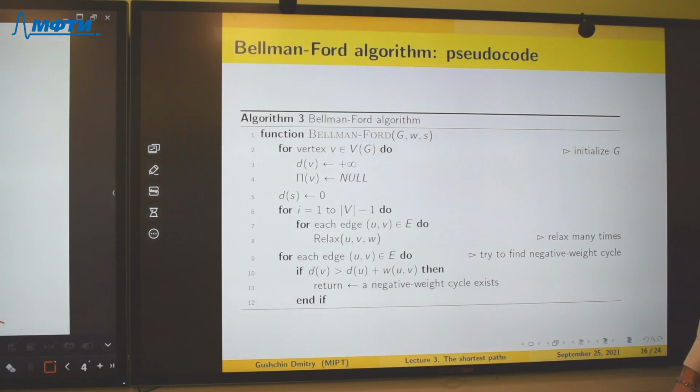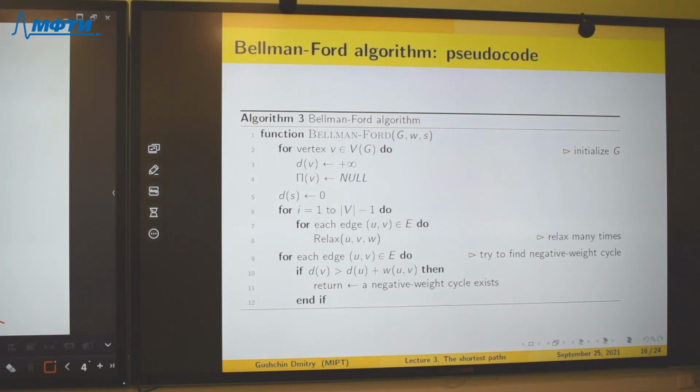In the previous algorithm, we said that the graph doesn't have any negative weight edges. But now, as in the example, the graph can contain negative weight edges, and of course it can contain a negative weight cycle.